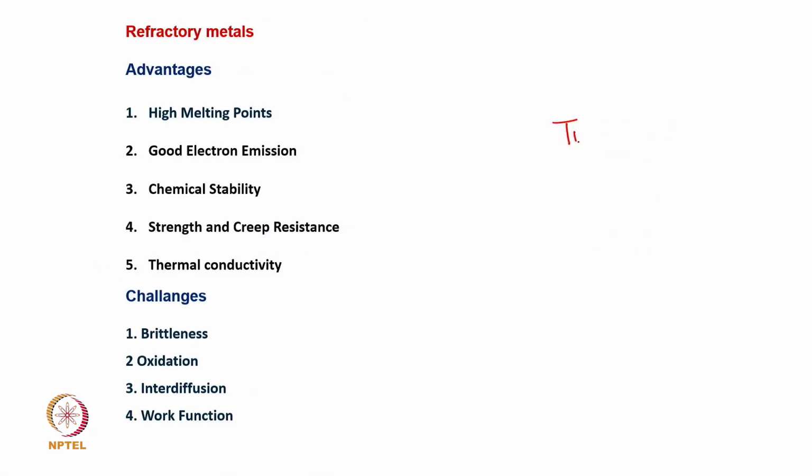Refractory metals are tungsten, molybdenum, tantalum, niobium, etc. So, these are the refractory metals which are routinely used in thermionic generators, because they have certain advantages. What are the advantages? They have a high melting point, which I just now discussed. What is the requirement of high melting point for an emitter material?